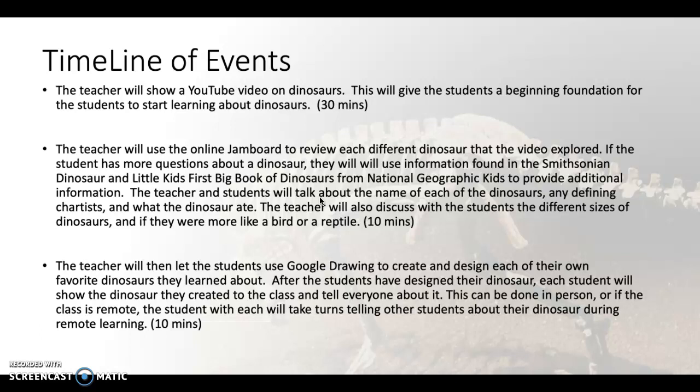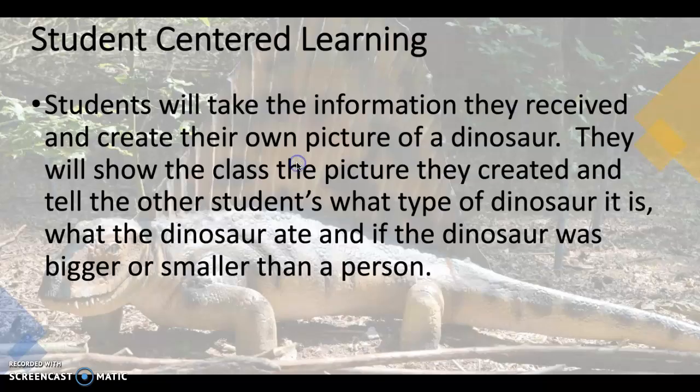The teacher would also be able to discuss with the students the different sizes of the dinosaur and if they were more like a bird or a reptile. And lastly, the students would be able to use Google Drawings to create and design each of their own type of dinosaur and present it to others in the class.